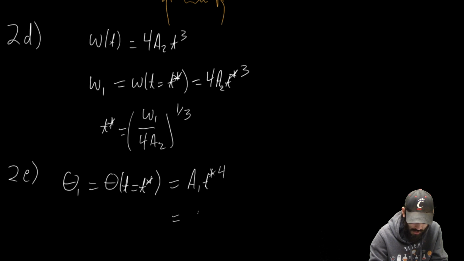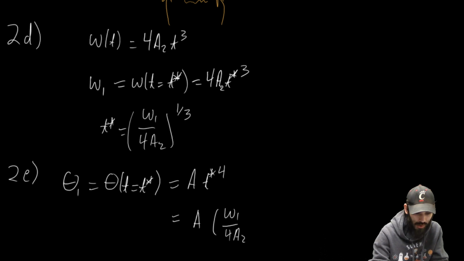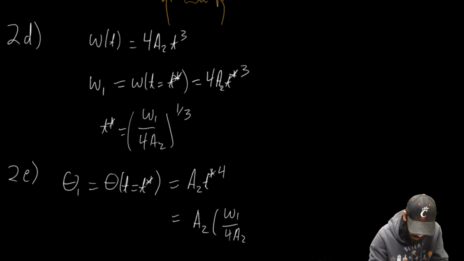So this is going to be a2 times omega 1 over 4a2. Sorry, my indices aren't right here, this should be an a2, because a1 was actually from the first problem. It's not related to this at all. So then this is going to be this to the 4th power, so this is 4/3.